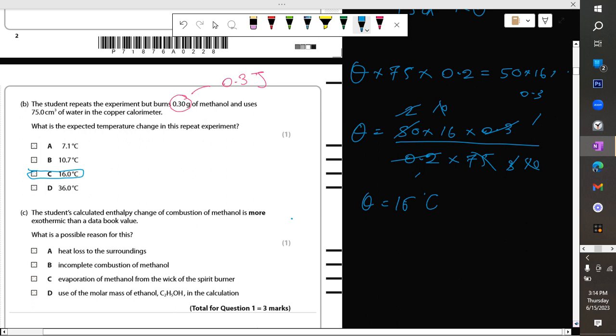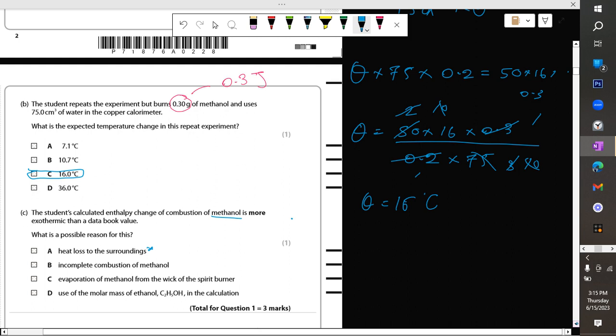What is a possible reason for this? Okay, let's read out the options. Heat loss to the surroundings. If there is heat loss, that might affect. It's possible, but let's read the other options.